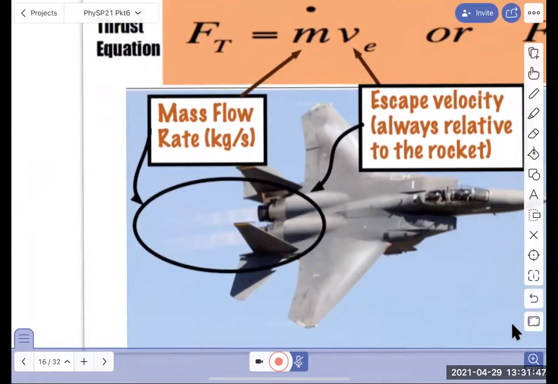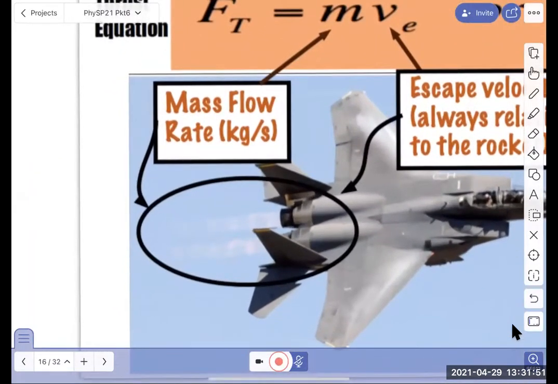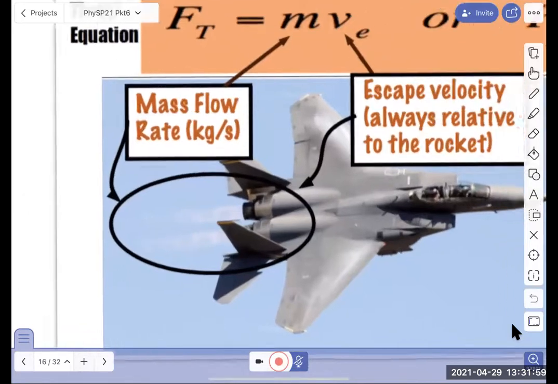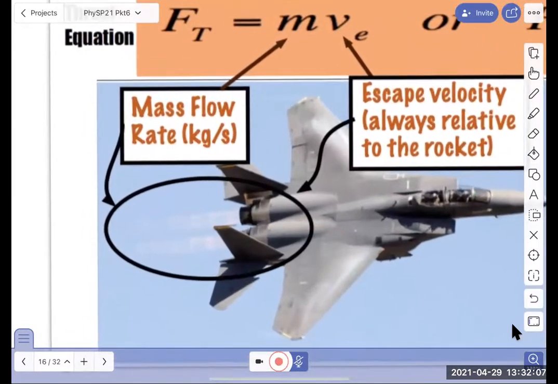Say you're losing, because gas doesn't weigh that much, 1 kilogram a second. That's still 2.2 pounds a second worth of gas, but it's coming out at, say, Mach 2. Well, that's 660 meters a second. So that gives you a thrust of 660 newtons, which is not enough to keep an F-15 speeding up, but still quite a bit.